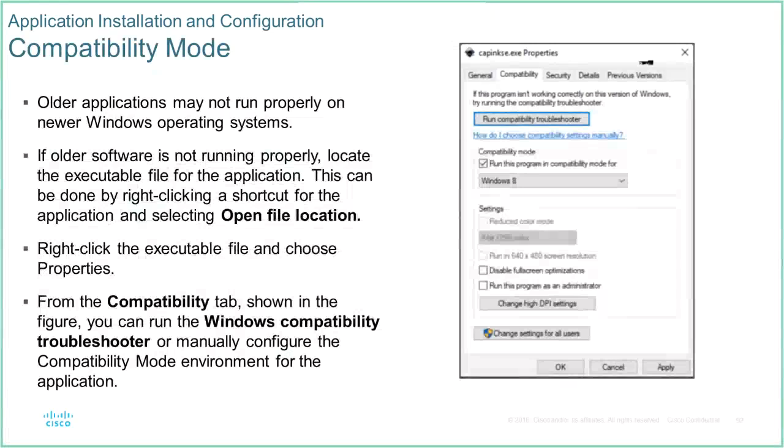The compatibility mode that is available allows you to set the operating system parameters that this application would run under. So some applications will not run correctly on newer versions of the OS.